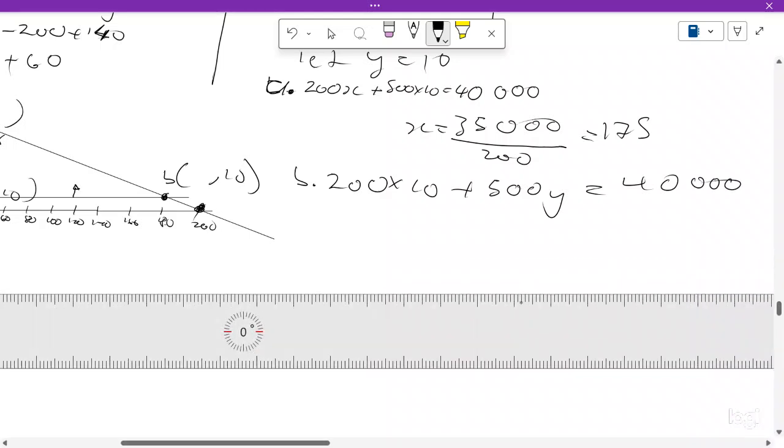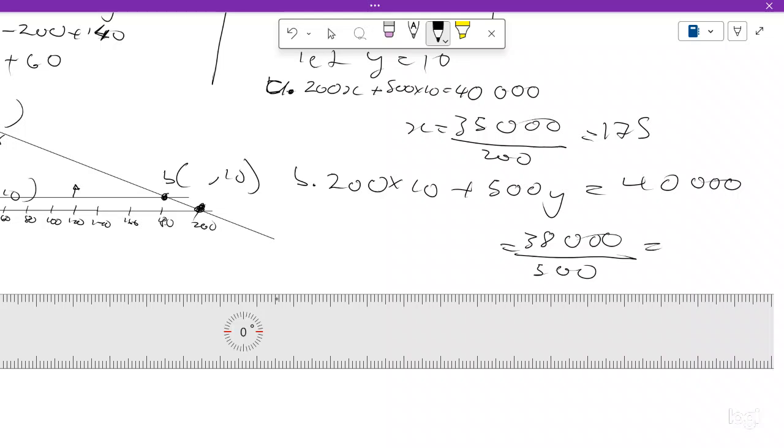That is 2 grand. 40,000 minus 2 grand is 38,000, over 500, which is how much? 76. So this one is 175, just 175.